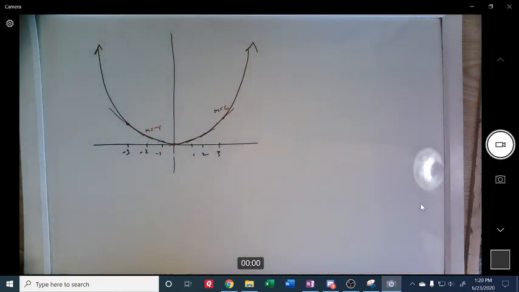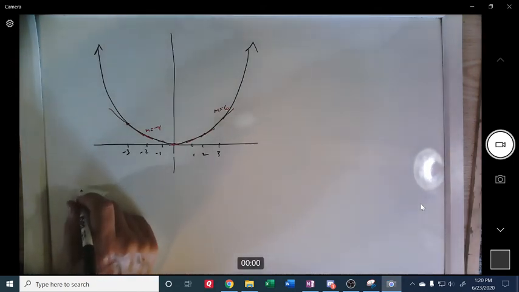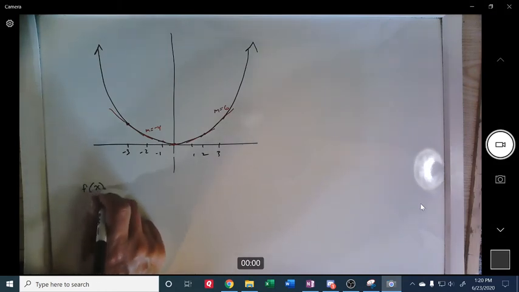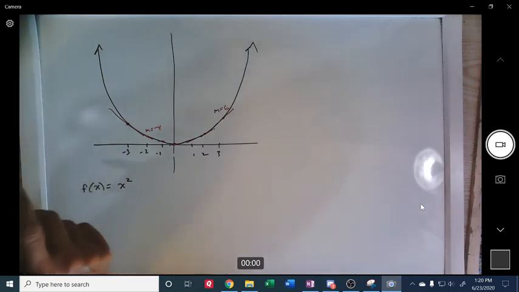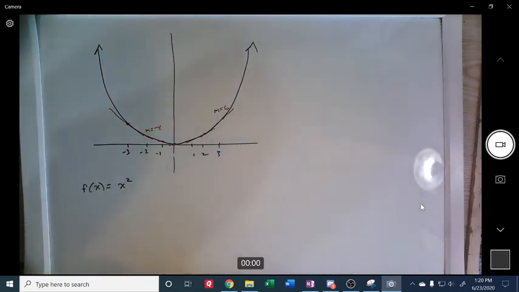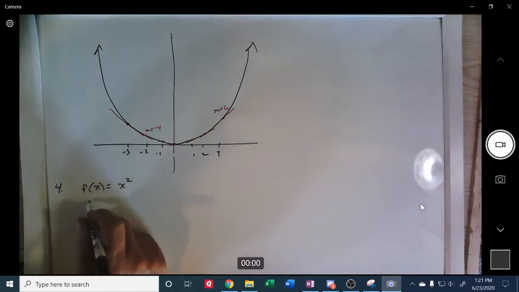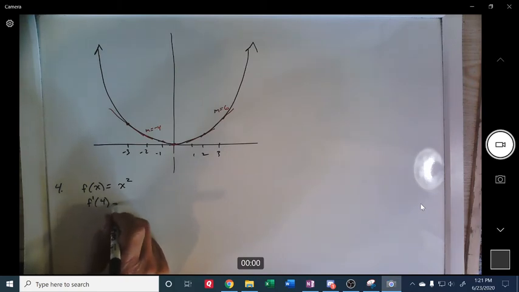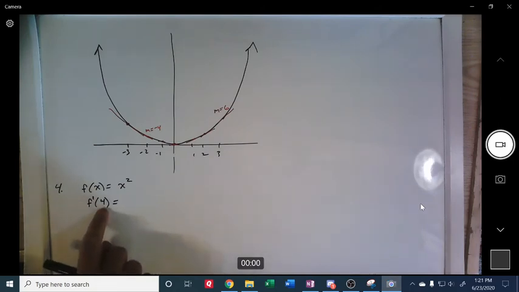Next, let's pick one of these points. f of x is equal to x squared. I think the last one we did was number 3, so this will be number 4. f of x was x squared. f prime at 4, we already determined. f prime at 4, all you do is double that input.